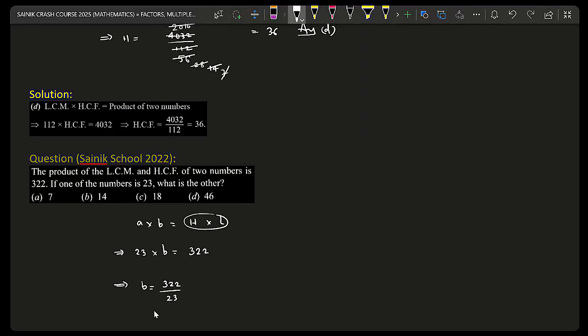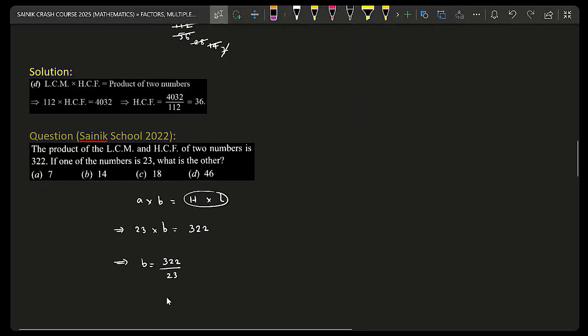Now transpose 23 to the other side. It will become division. And what is the answer? Sir, 23 is a prime number, so we cannot do cuttings by any smaller number. We have to divide by 23 only. So shall we do the division? Yes, sir. 23 ones are 23.